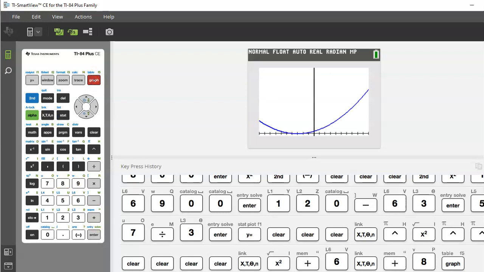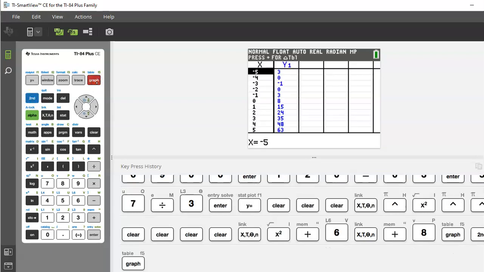Then we're going to graph it. You can't really tell, but I'm seeing something happen at negative 2, and I see that it kind of hugs, and I see some at negative 4. So let's go to the table, second table. And there it is if I scroll down. Do you see? Right there.